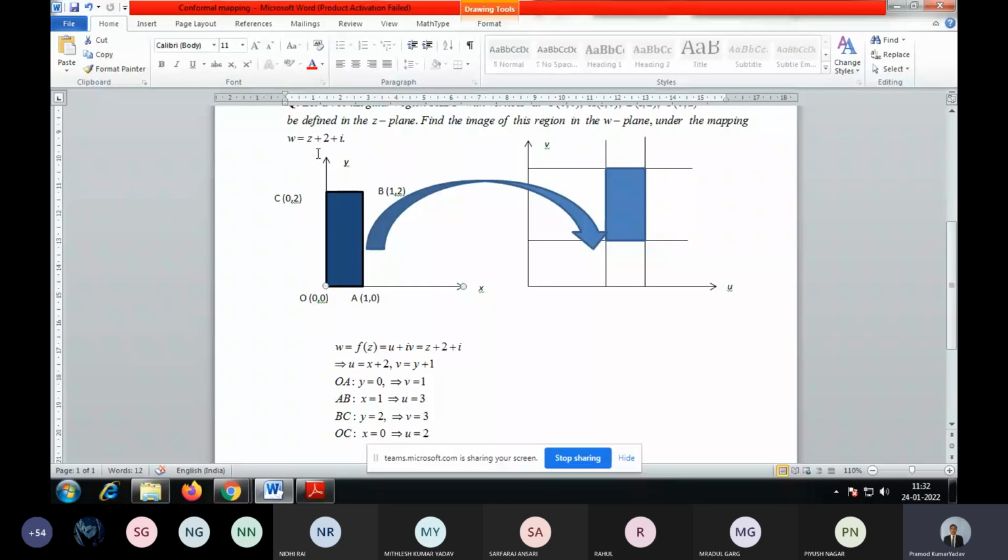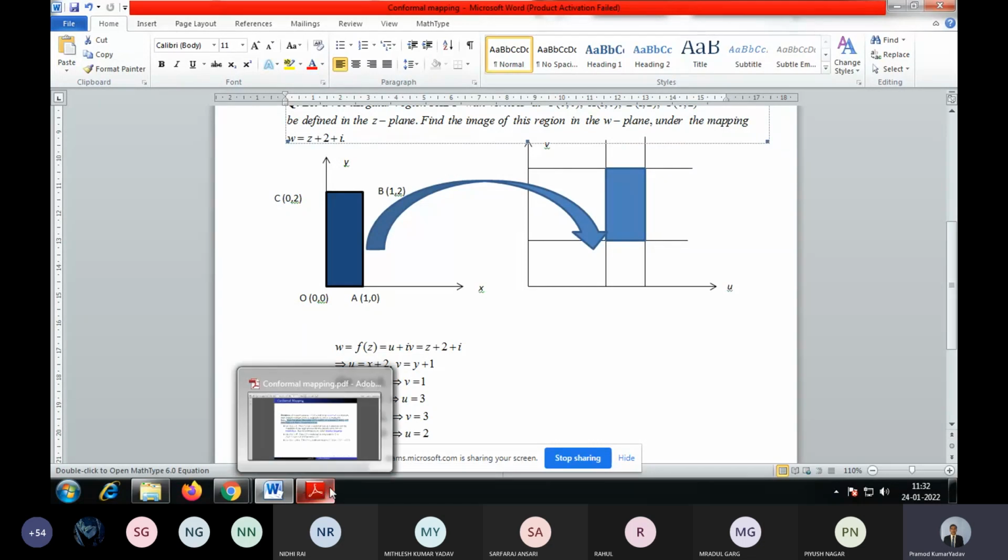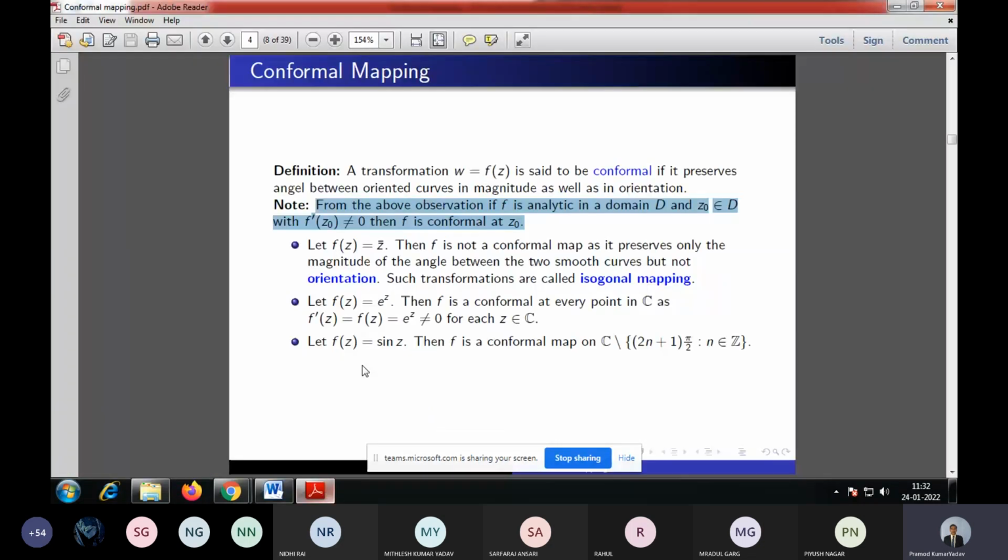Whatever the value of z naught, f dash z will come not equal to 0. So this f z is analytic and f dash z not equal to 0. It means this transformation will be conformal at each and every point of the domain. So this is a way to check whether the mapping or transformation is conformal or not.